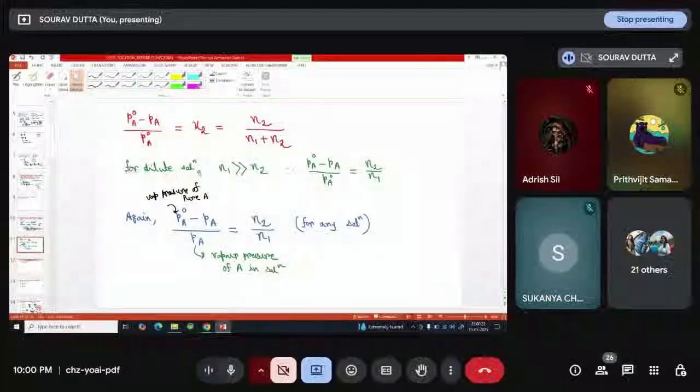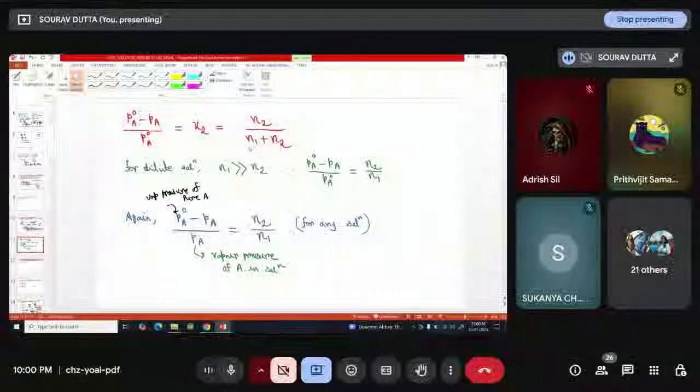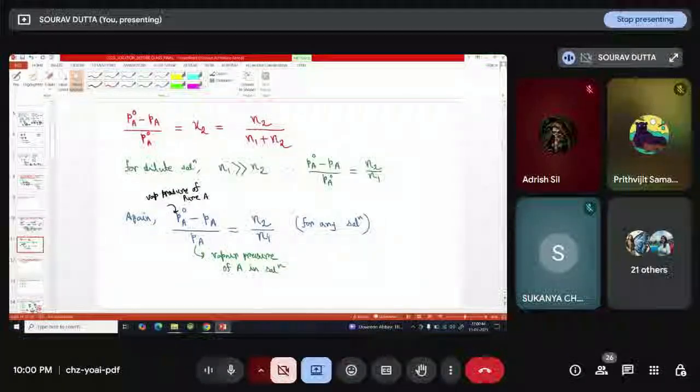Now if someone uses a dilute solution, the solvent is very high and the solute is very little. So N1 is far greater than N2, and you can neglect N2 with respect to N1. So this will be N2 by N1. So PA naught minus PA by PA naught equals N2 by N1 for dilute solution.